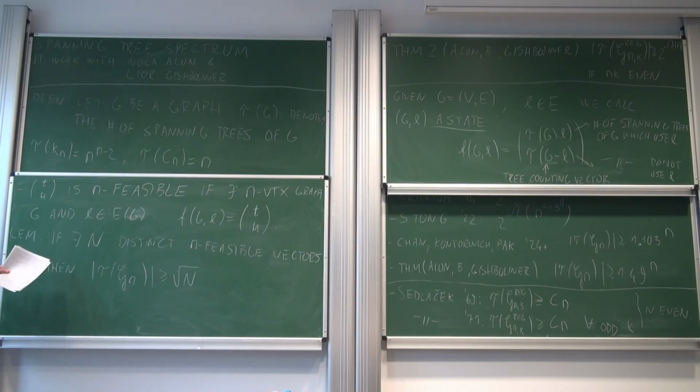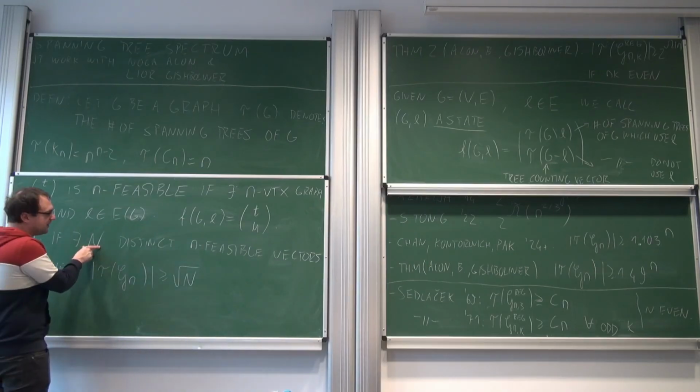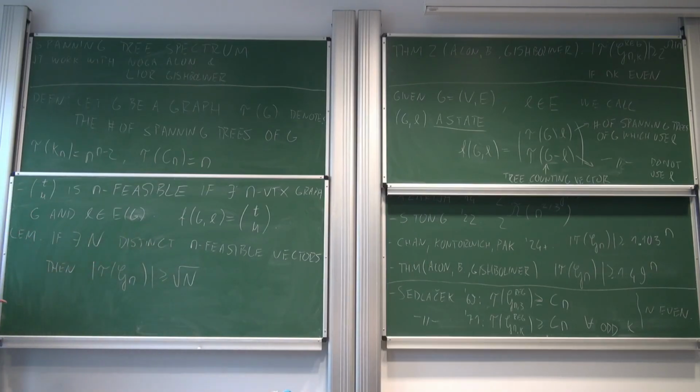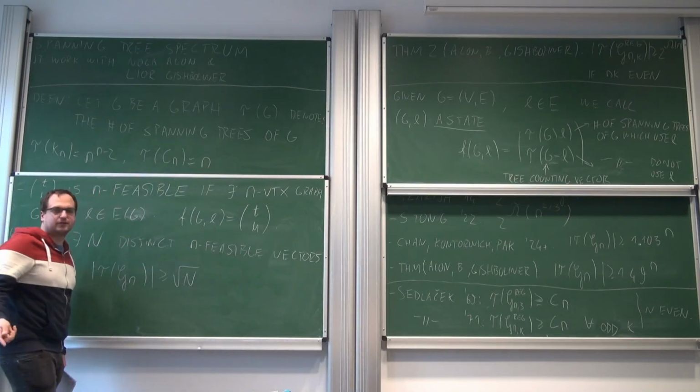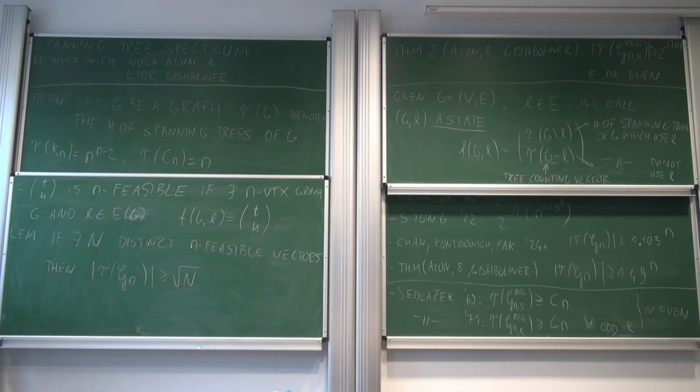So if we get exponentially many distinct n-feasible vectors, then we get exponentially many spanning tree counts. And of course, if you add planar feasible or regular feasible, you get the same story.